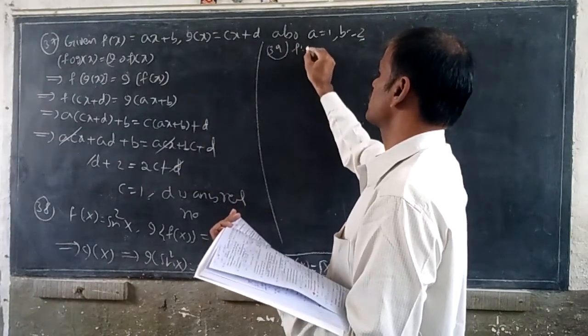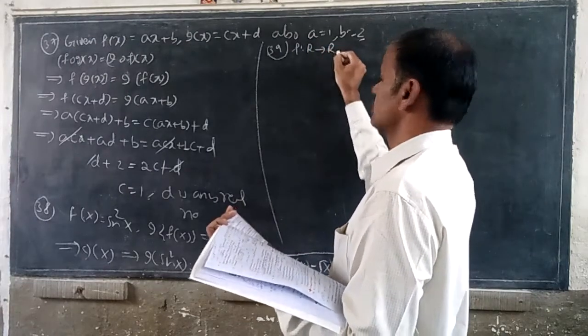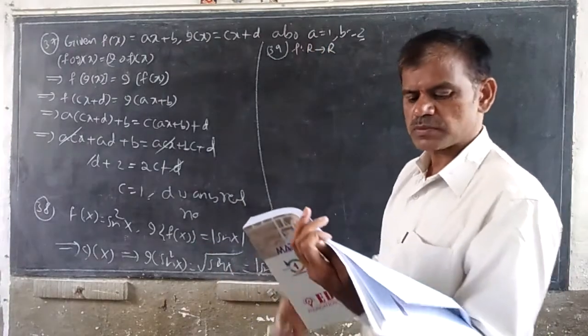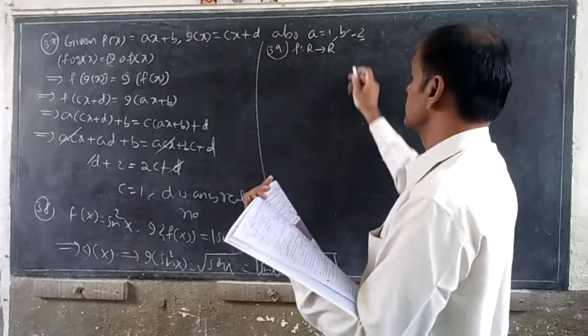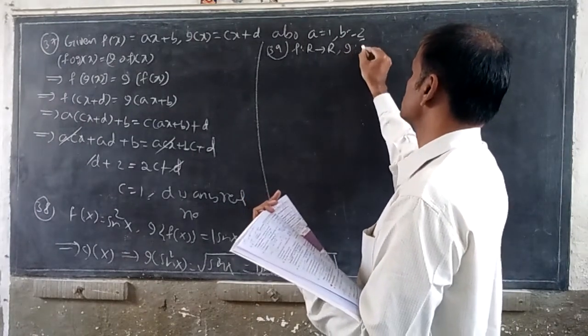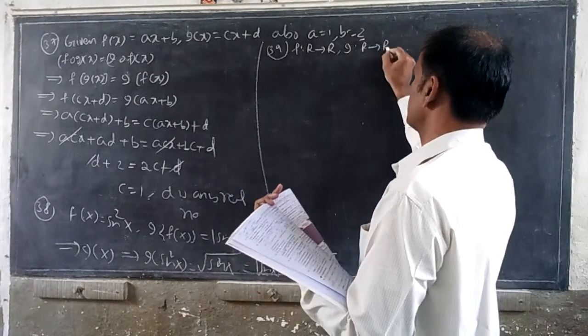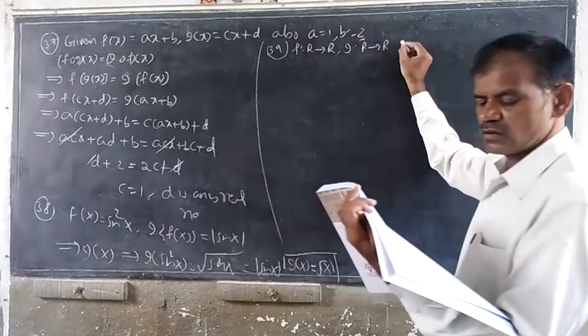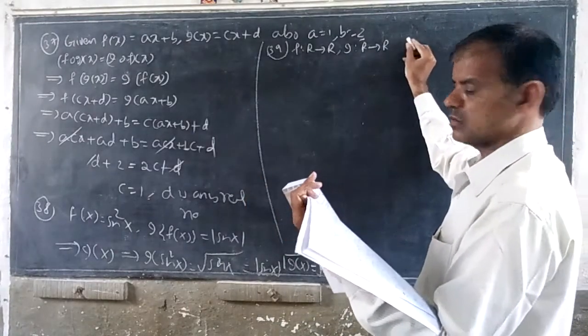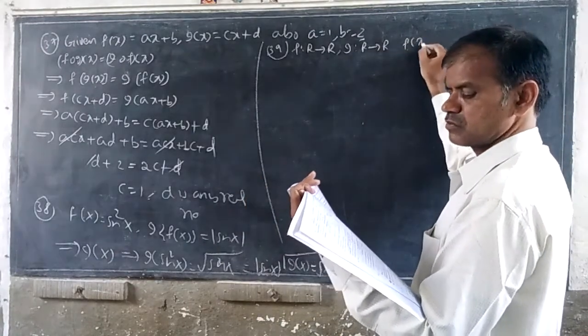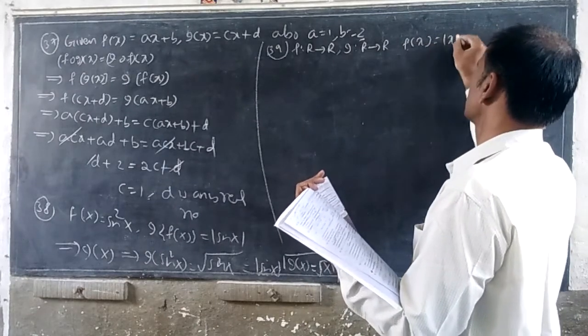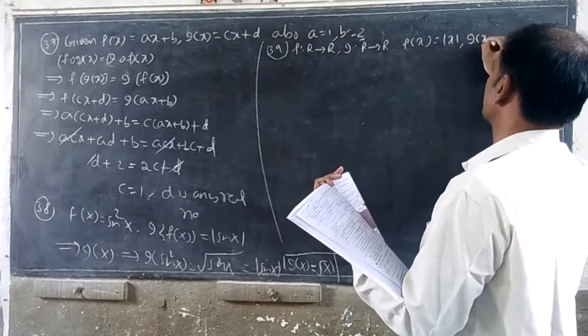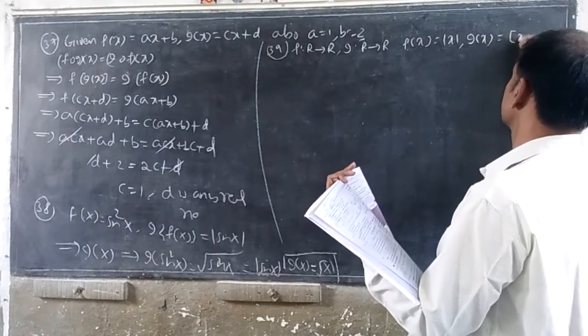f maps R to R, g maps R to R, total real number functions, given by f of x is equal to modulus of x, g of x is equal to step x.